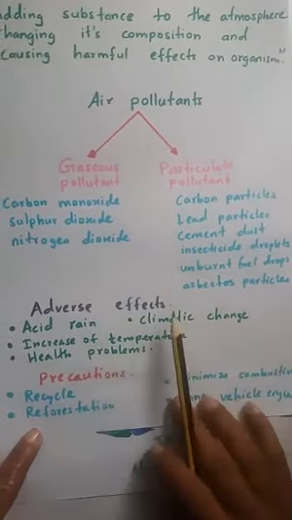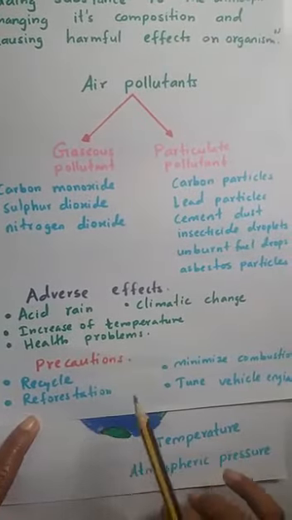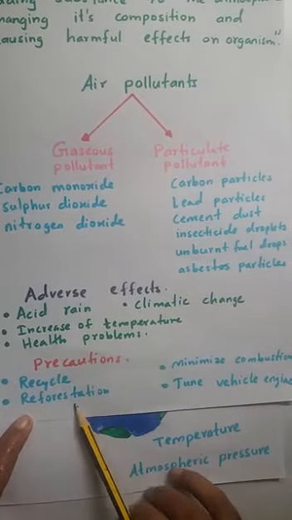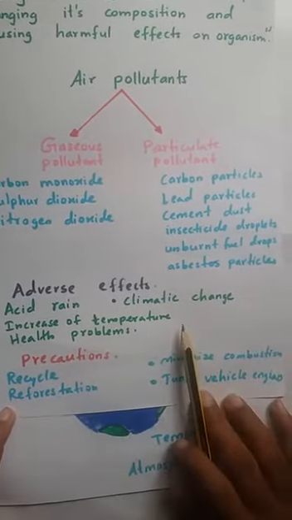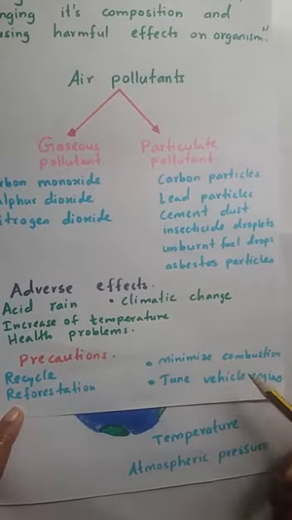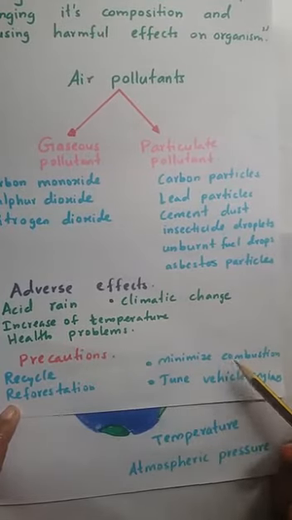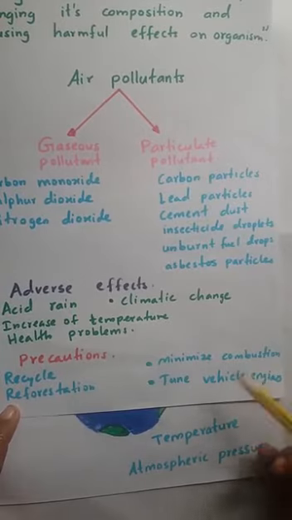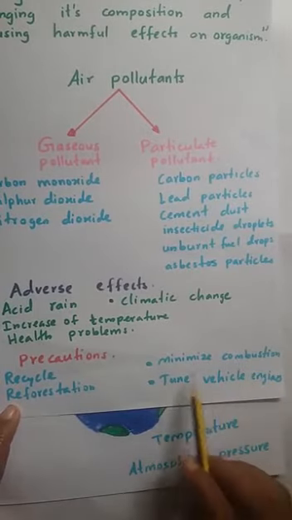These are the precautions I have written: recycle, reforestation, planting many trees, minimize combustion. Try to minimize the vehicle or factory waste without sending it to the atmosphere. We have to reduce those.